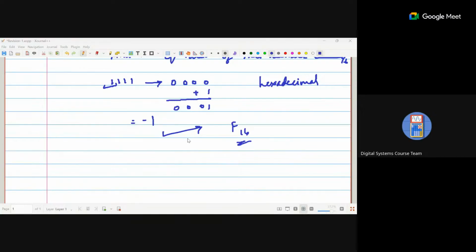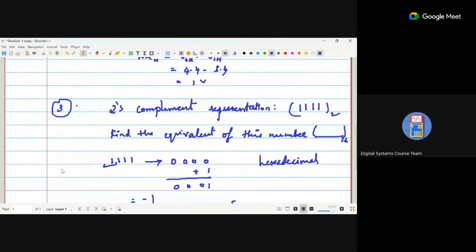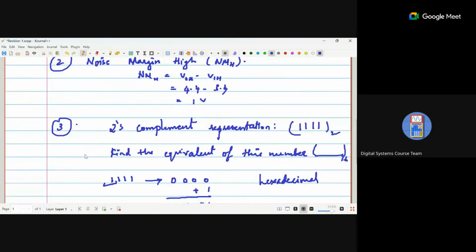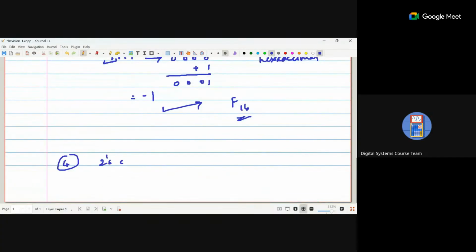Okay. So moving on to the next question. Now let's say you have a two's complement representation of an n-bit number.